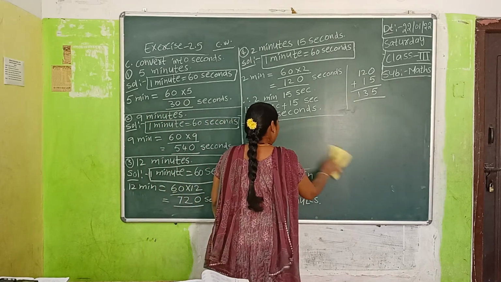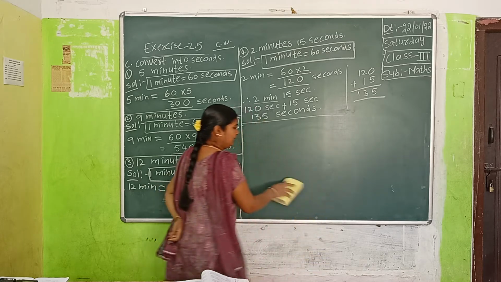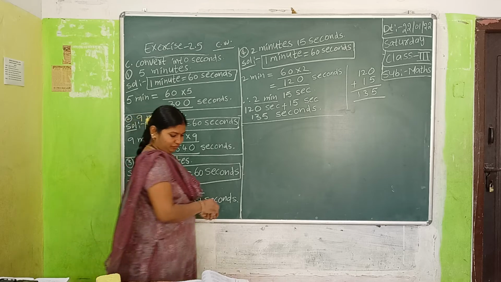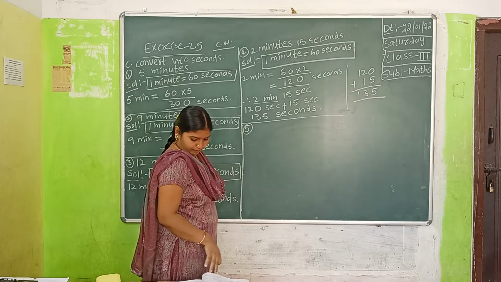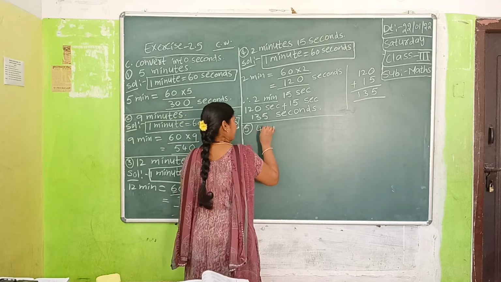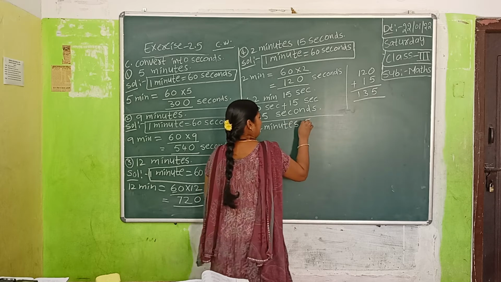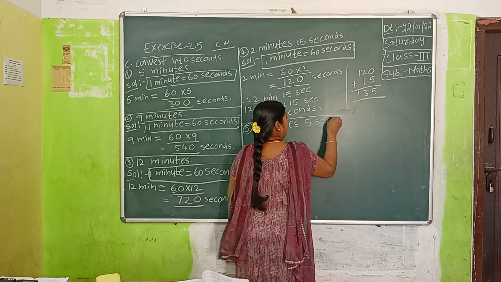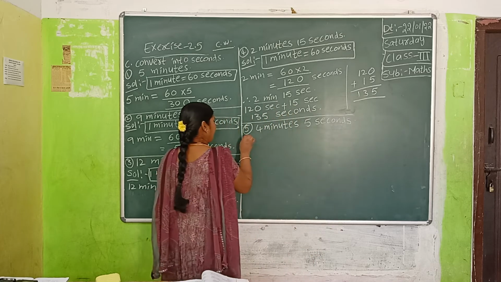And same like this only 5th, 6th, 7th are also there. I'll explain the 5th one. Remaining you have to do as homework. 5th one that is 4 minutes 5 seconds. Okay.